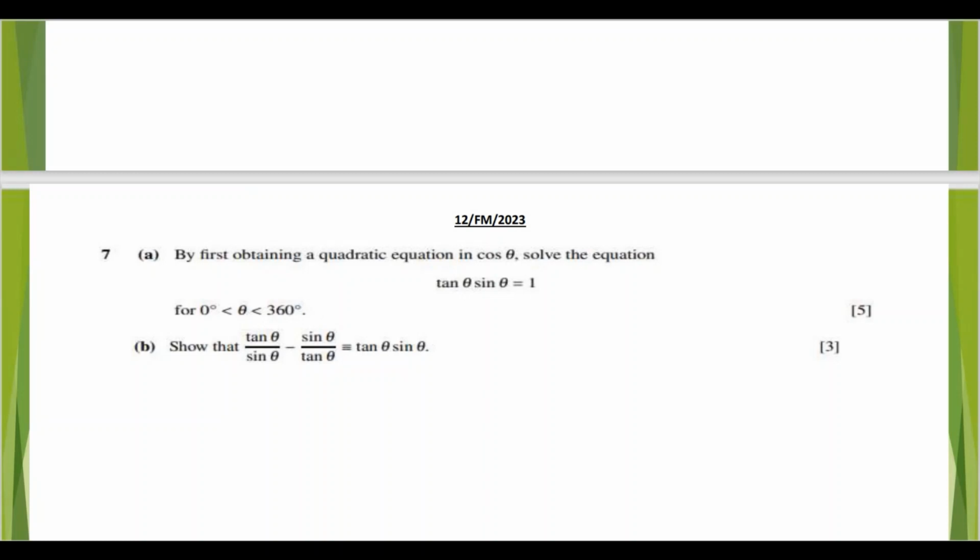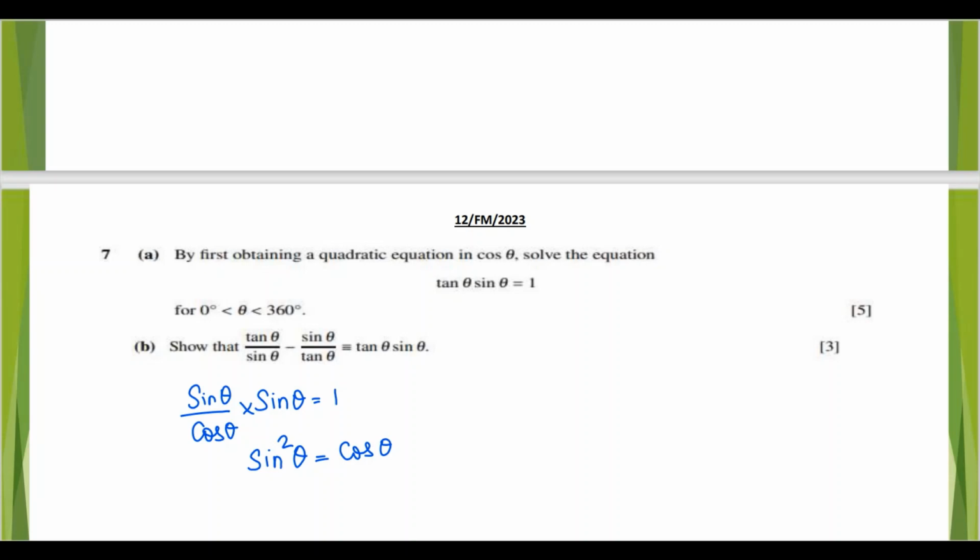So tan theta can be written as sin theta over cos theta, multiplied by sin theta equals 1. This is nothing but sin squared theta divided by cos theta, and this gives sin squared theta equals cos theta.